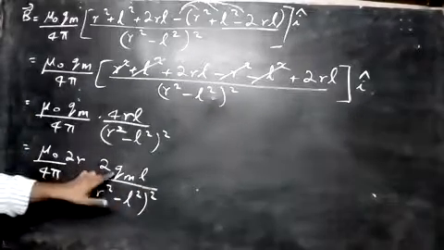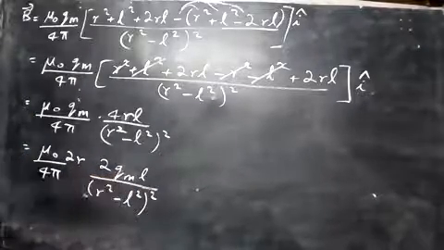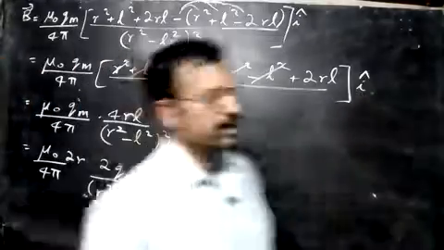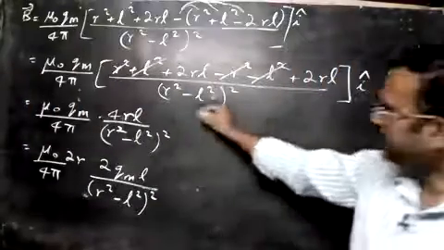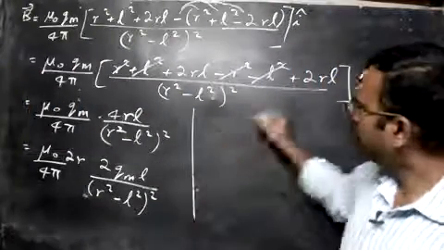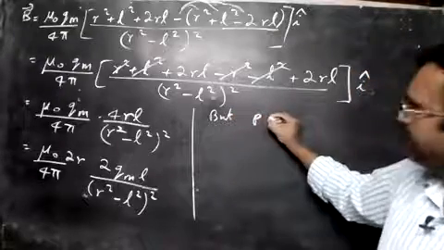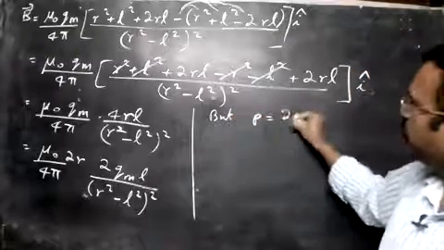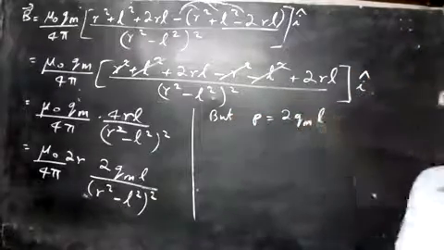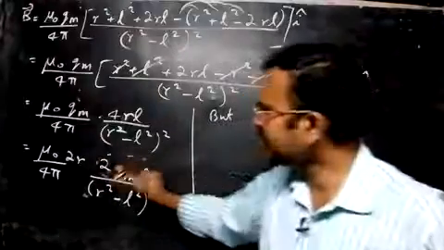Now we'll take this term and continue. We know that the dipole moment P is equal to 2Qm l, so instead of this term we can write the dipole moment.